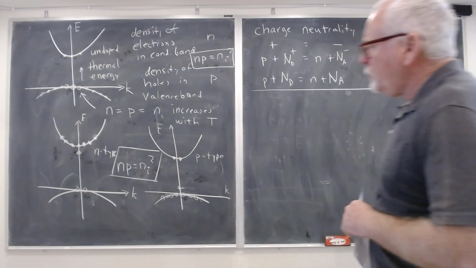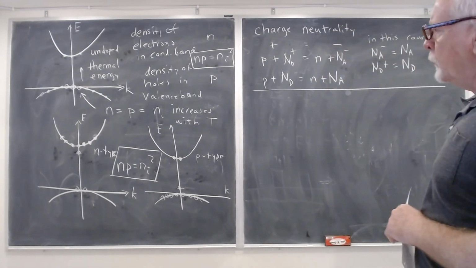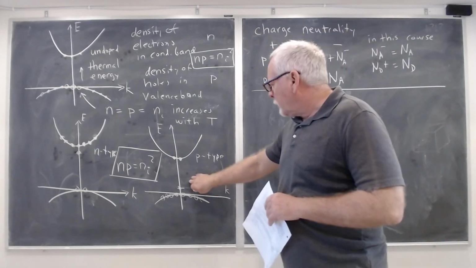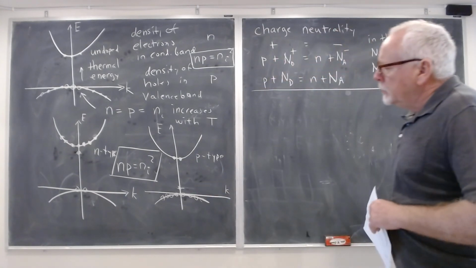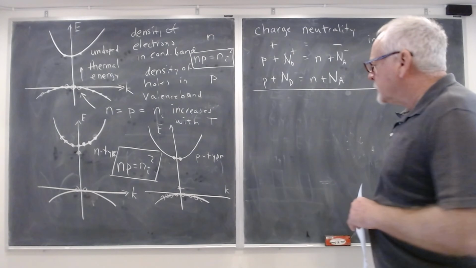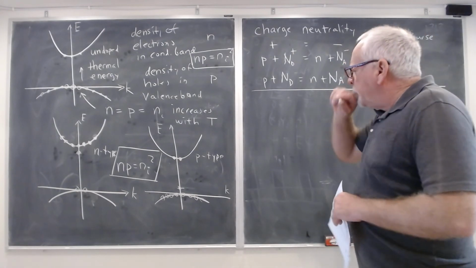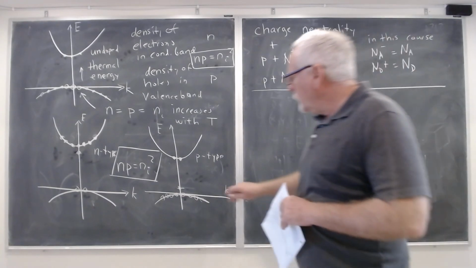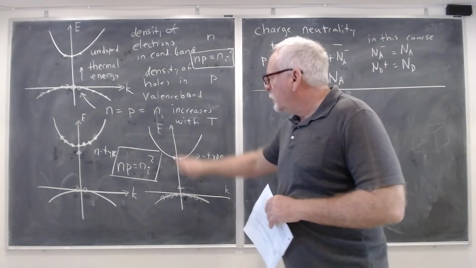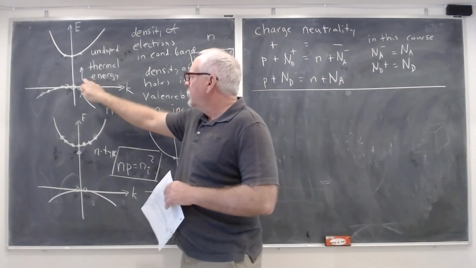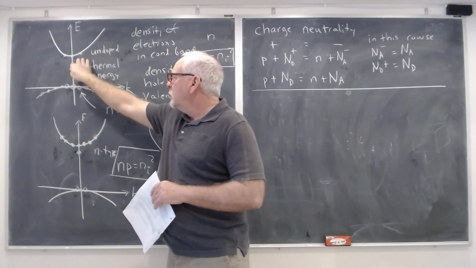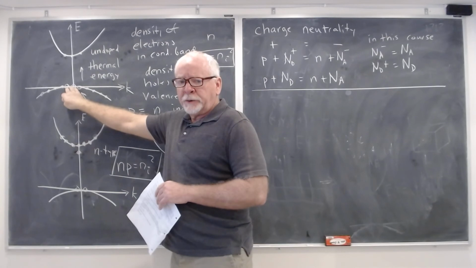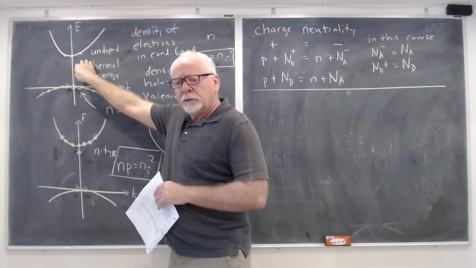Now, I don't have a drawing in the right place, but let's imagine for a moment that this one was the undoped case. In the undoped case, we showed that at T equals 0, all the electrons are in the valence band, and there are none in the conduction band.